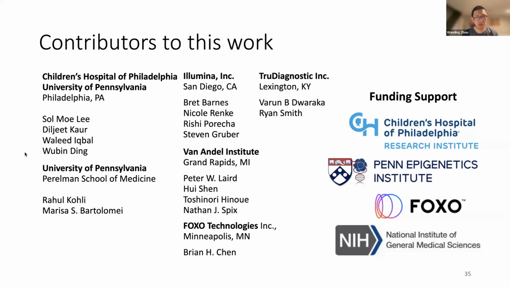But I think a major challenge here is how do we discriminate what is platform-specific artifacts and what is real biology? Yeah, I think the field is moving forward to address these questions.